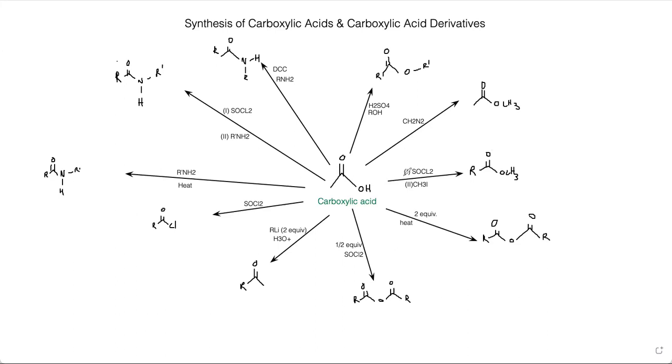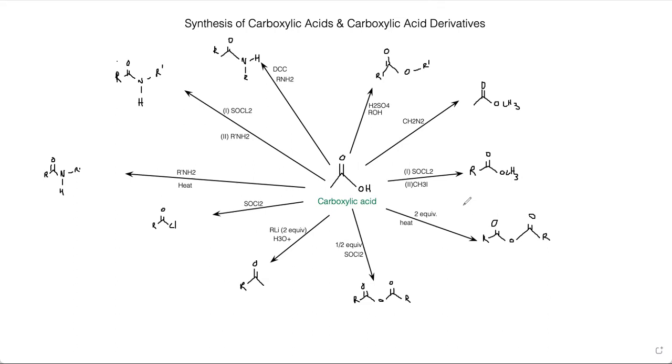Moving on, we have SOCl2 and then CH3I. And this is yet another way to form esters from carboxylic acids, this in particular being a methyl ester. And then the next synthesis is for anhydrides.